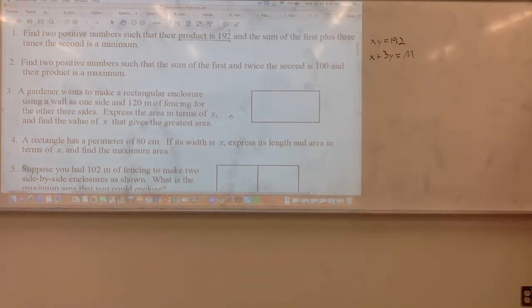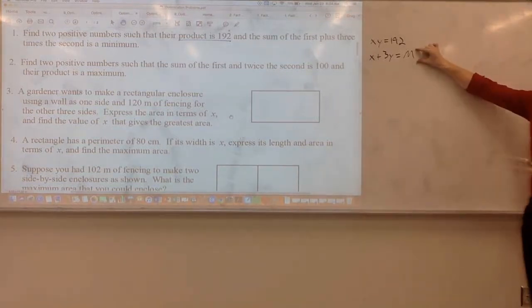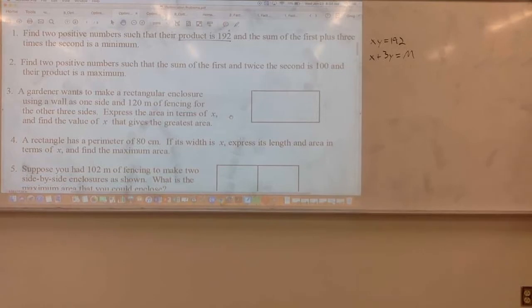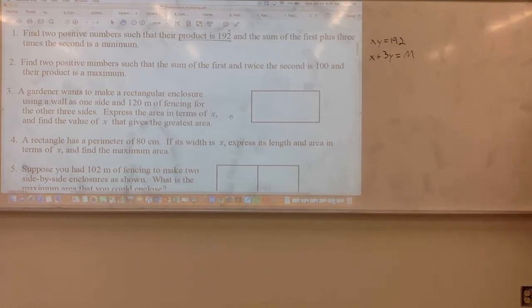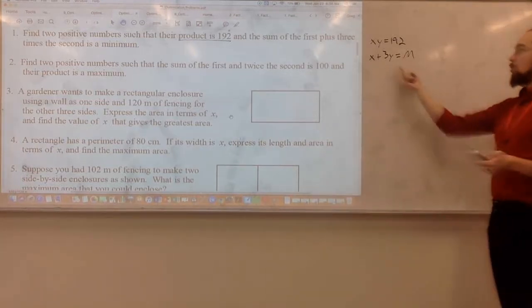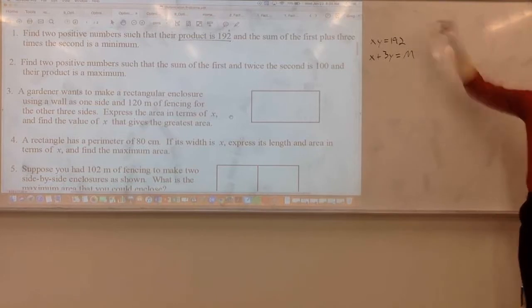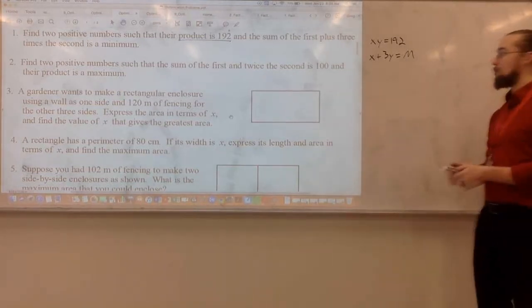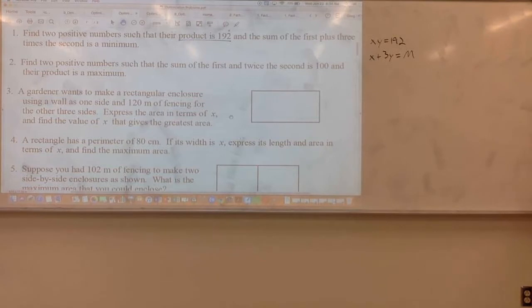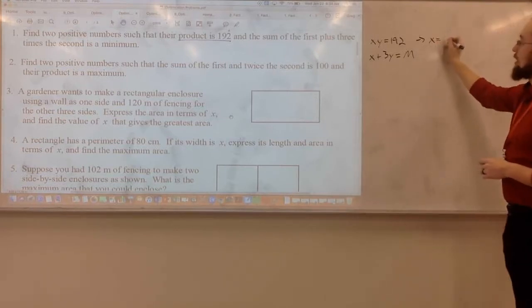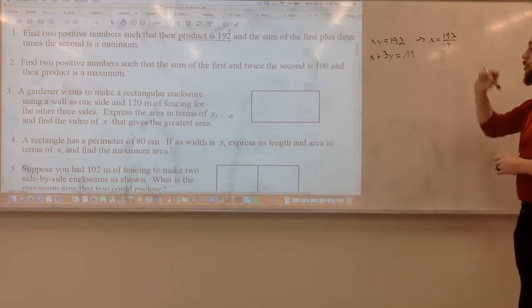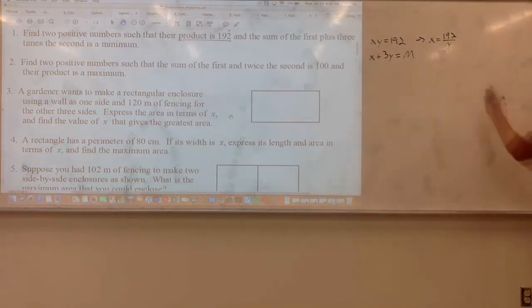So these are my 2 equations. Now, this is the one that I want to minimize, so I need to write this equation in terms of a single variable. It does not matter if I solve for x or y. I want to take my other equation and get one of those variables by itself. Which one do we want to get by itself? X. Alright, so I can divide both sides by y and get x equals 192 over y.